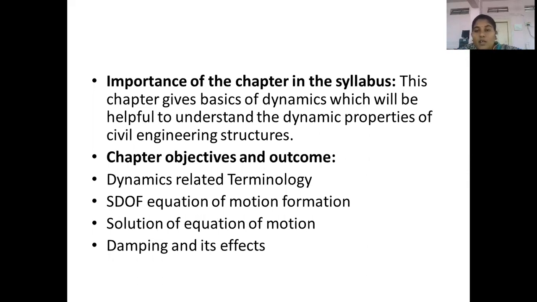This chapter gives the basics of dynamics, which will be helpful to understand the dynamic properties of civil engineering structures. Why is this chapter important here?